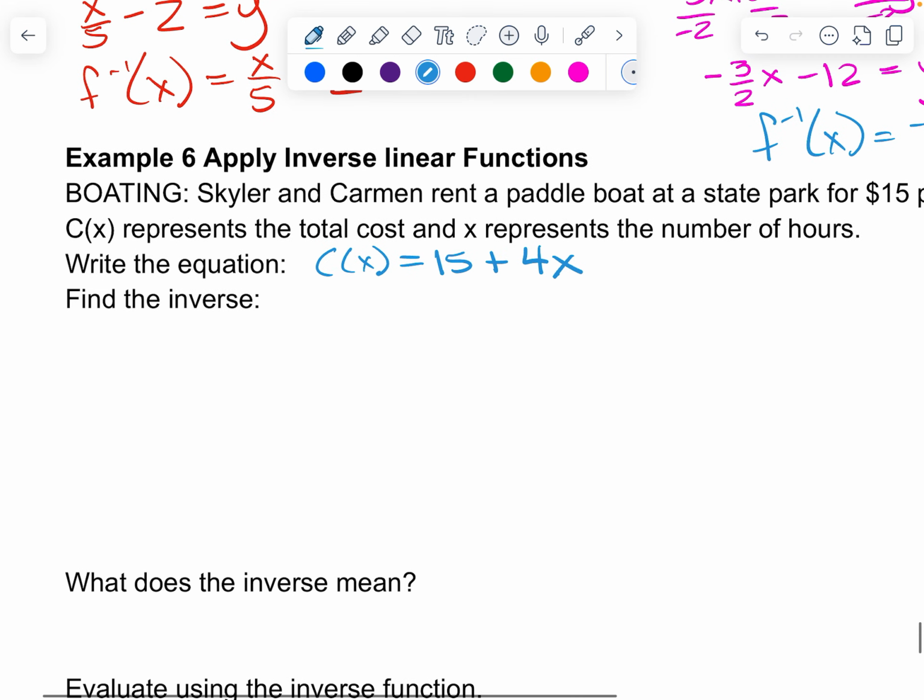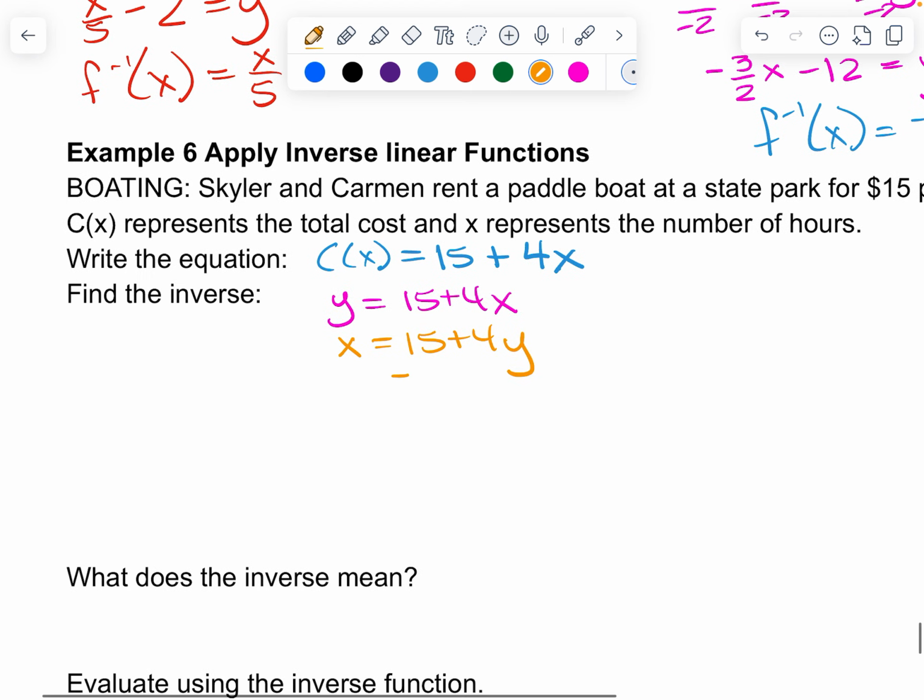Now I'm supposed to find the inverse of that. So this changes to y. Then I change my x and my y around, and I solve for my y.